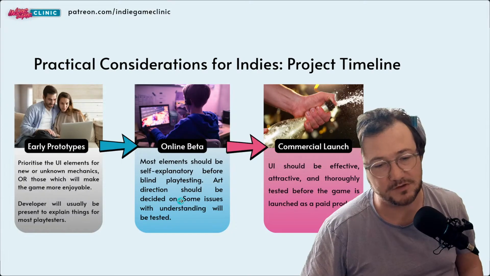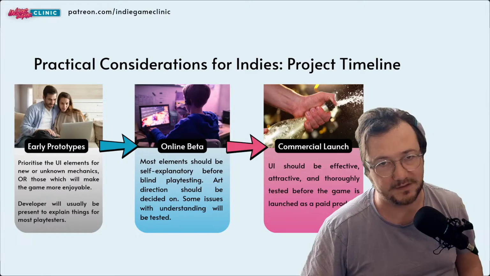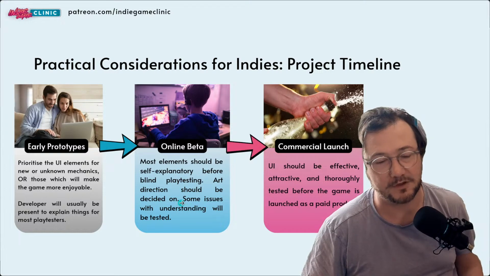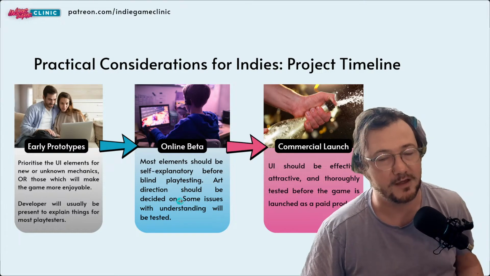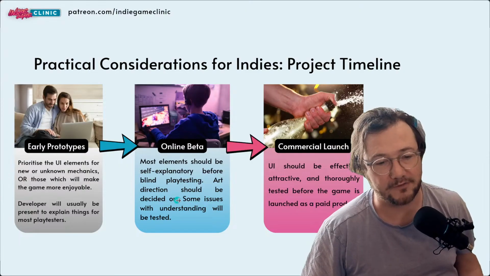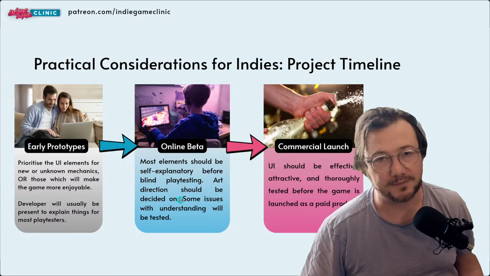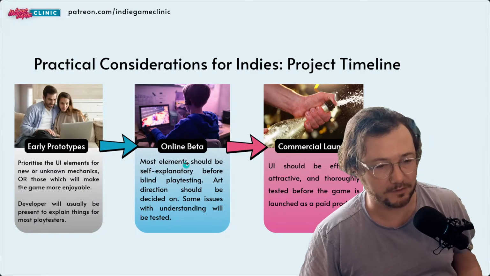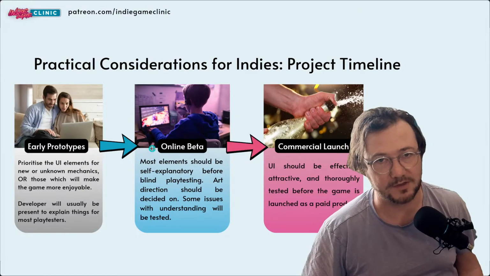So you don't really want to give them a grey box wireframe at this stage, because as we've already established, the UI is part of the visual style of the game. You at least want them to have a flavor of what the UI is going to look like in the finished game. And you also don't want to be interrupting their gameplay to constantly tell them things. You need your interface to do that for itself.